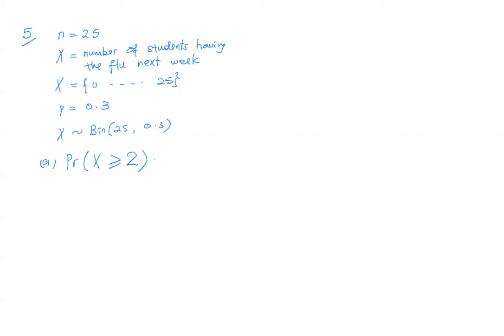So what you can do is 1 minus probability of x less than 2 because you want to include 2. So this one will be 1 minus binom CDF 25, 0.3.